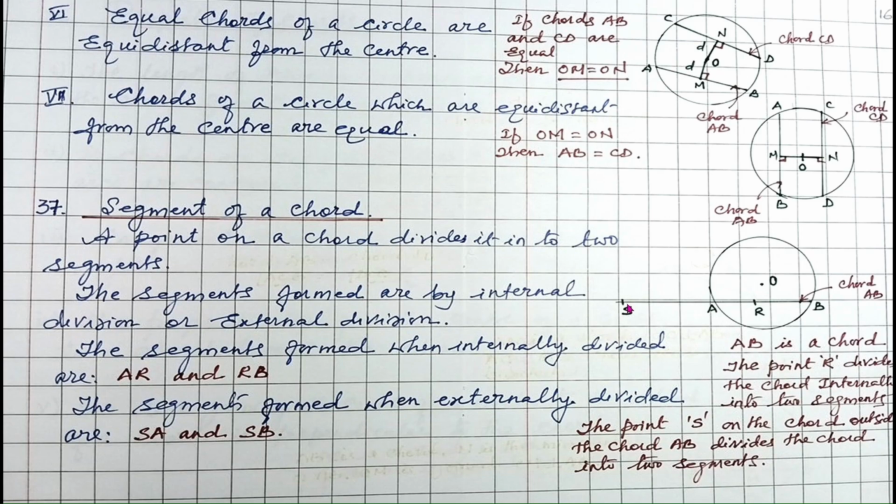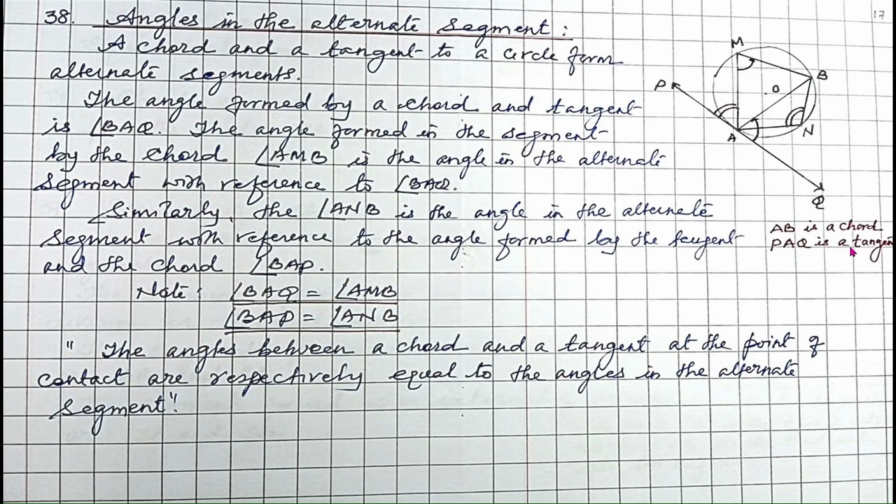Now the point S is also on the chord AB and it is externally divided, and the segments are SA and SB. So remember this, that a point on a chord divides it into two segments. It can be internally divided or externally divided, a very important property again.